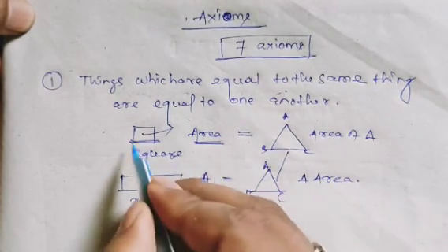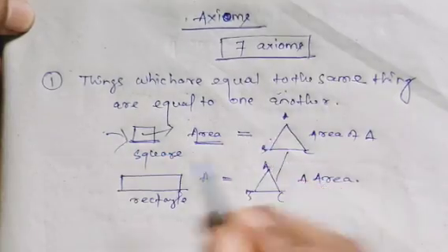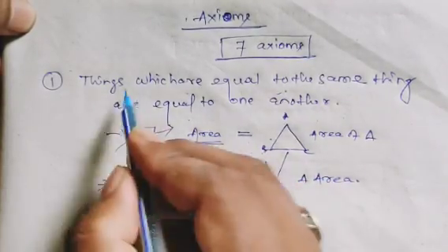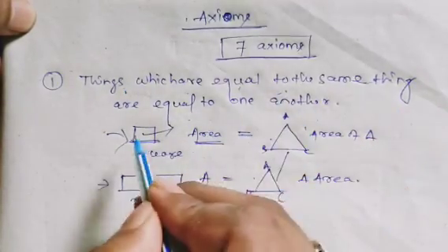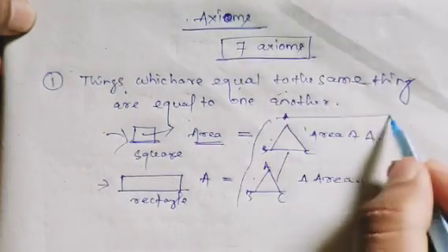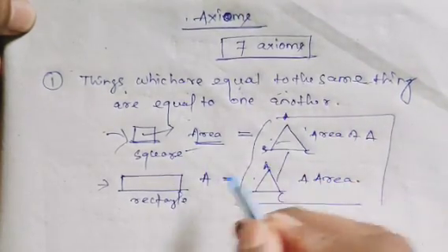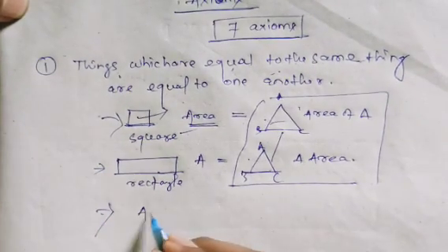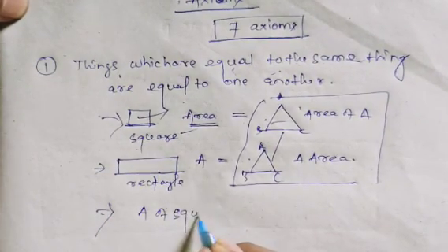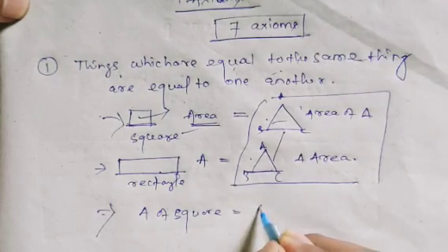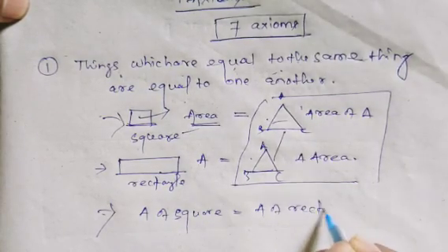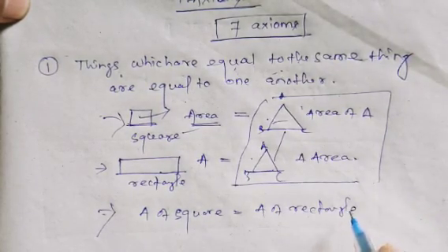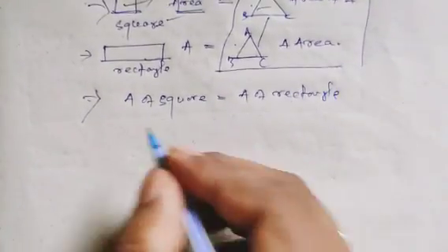So the area of this is equal to this, and the area of this is equal to this. The things which are equal to the same thing, this is the same thing. This implies I can write area of square is equal to area of rectangle.